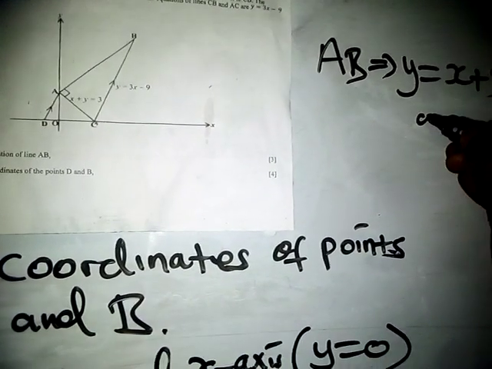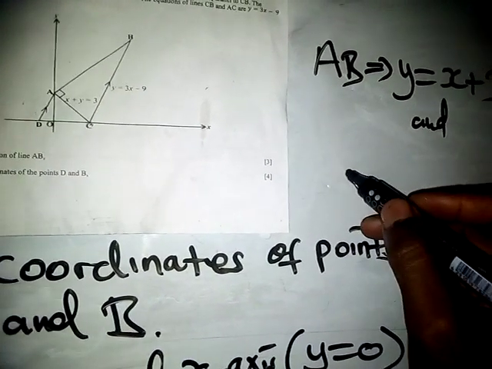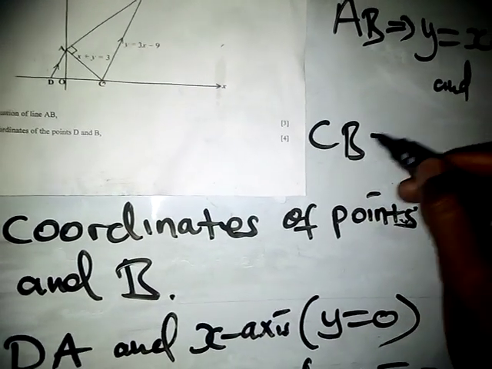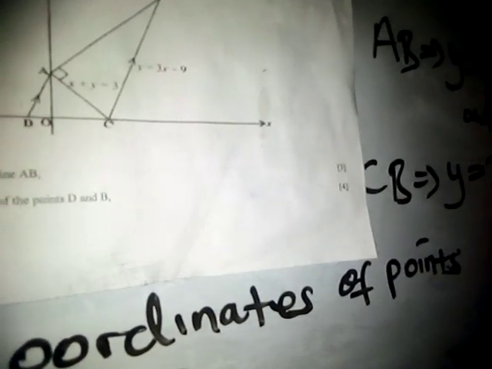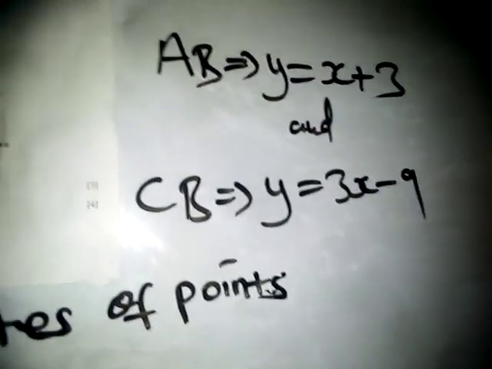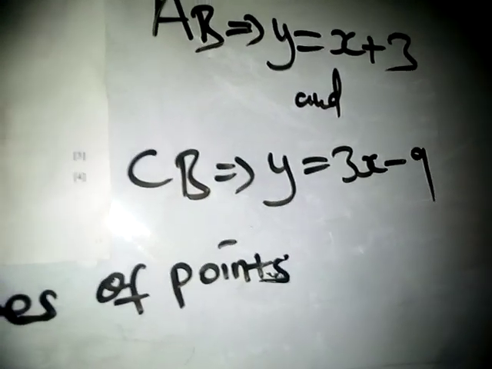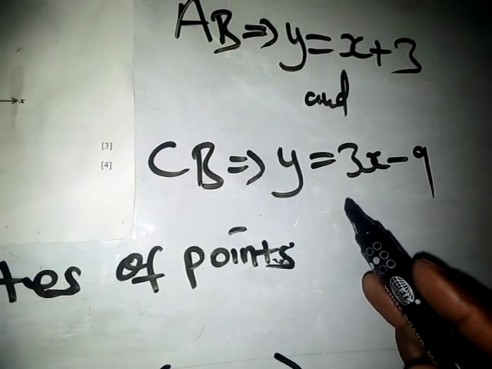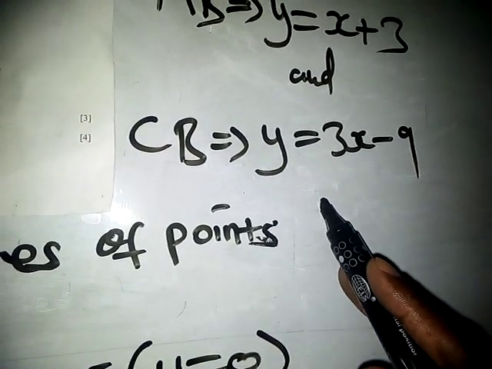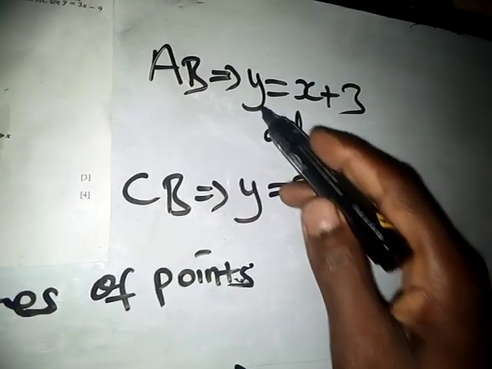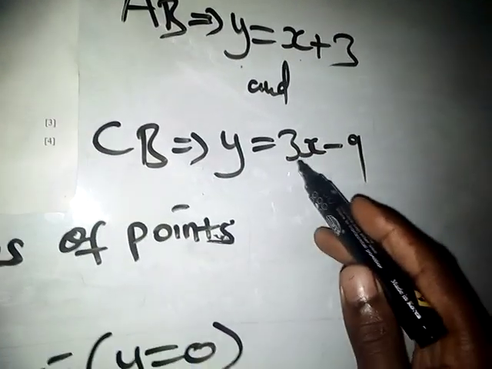Then we also have another line, line CB, which is given as y equals 3x minus 9. So we're going to do the same thing that we did for point D. We're just going to find out what the x and y values are.